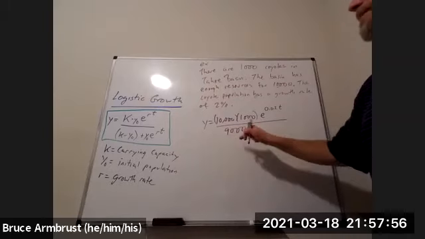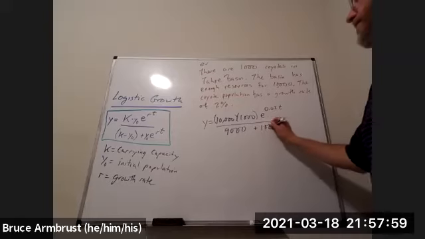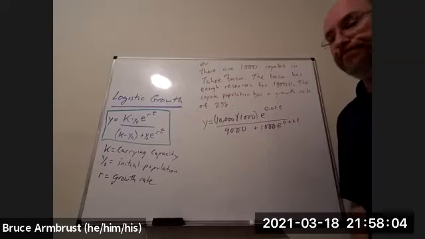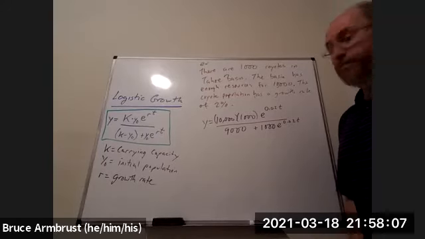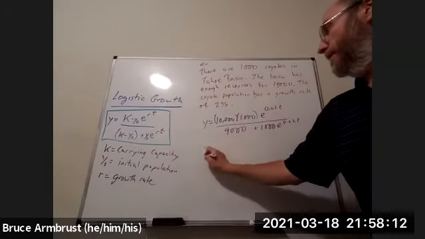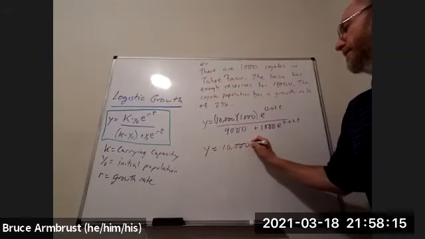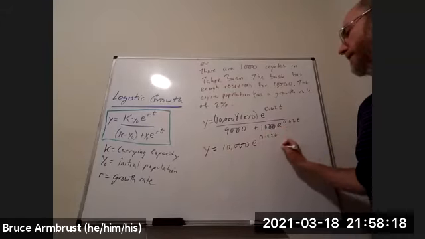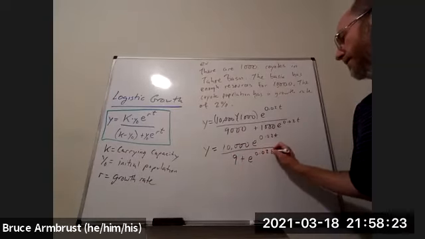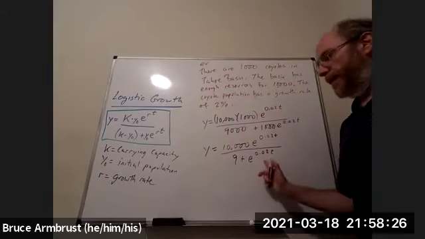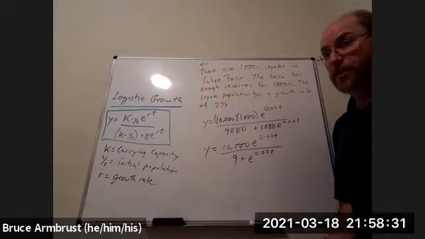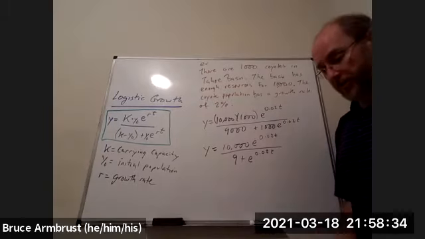So our carrying capacity minus the initial, plus 1,000 e to the 0.02t. Now, I am going to simplify this because I can divide everything by 1,000. But we end up with y equals 10,000 e to the 0.02t divided by 9 plus e to the 0.02t. And that right there, ladies and gentlemen, is the function that's going to model our coyote population.